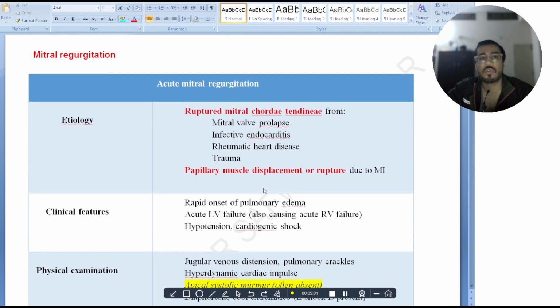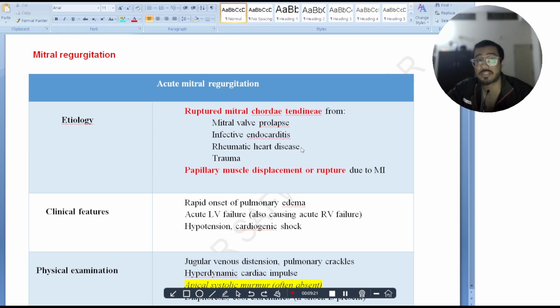So let's move on to mitral regurg. Mitral regurg can be acute in nature, it can be chronic in nature. So we're going to first discuss the etiology behind mitral regurg. Mitral valve prolapse can lead to mitral regurgitation, as can infective endocarditis. I told you it can be rheumatic heart disease.